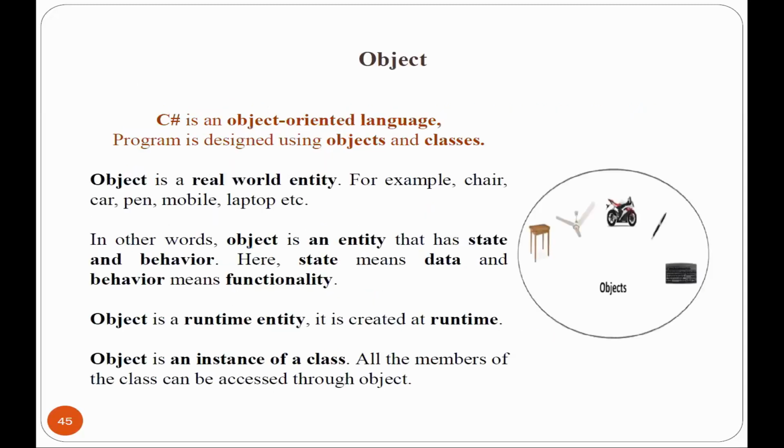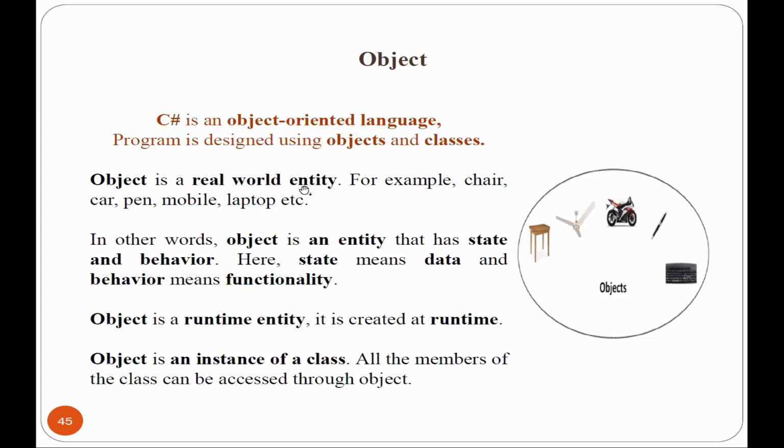Now see object. Object is a very important thing, because whatever you implemented in a class can be carried out in the different parts of the program with the help of an object only. Object is the only entity there. So C# is an object-oriented language. A program is designed using objects and classes.